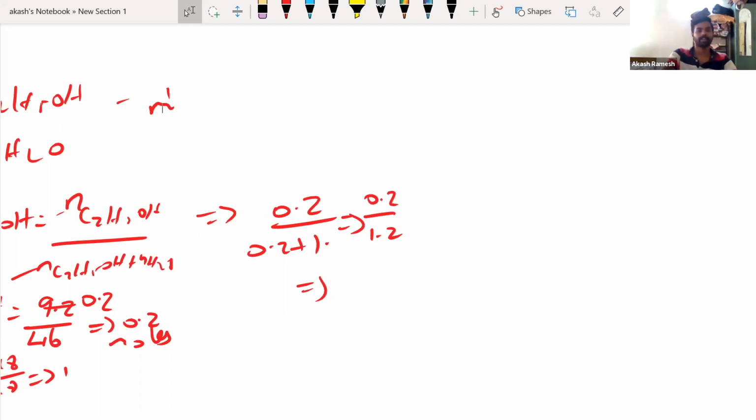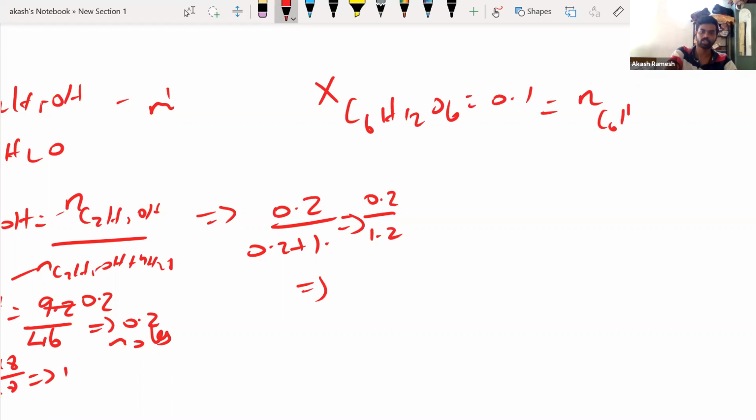Okay, fine. So they have given that the mole fraction of C6H12O6 is 0.1, and they have not given anything about the total number of moles. So we are going to take the mole fraction as the mole itself. That is, the number of moles of C6H12O6 is 0.1.